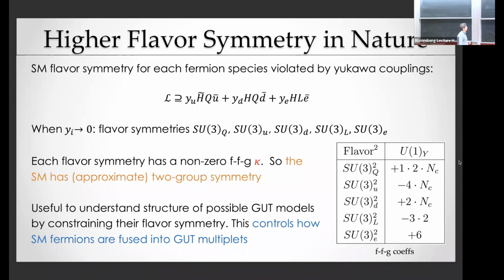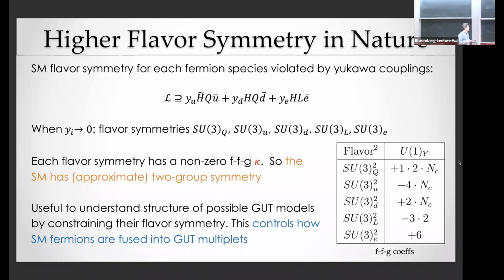And each of these flavor symmetries has a non-zero FFG coefficient, kappa. So here are the FFG coefficients, where the magnetic one-form symmetry in question is, of course, coming from hypercharge. So the standard model has this approximate two-group global symmetry broken by the Yukawa couplings.